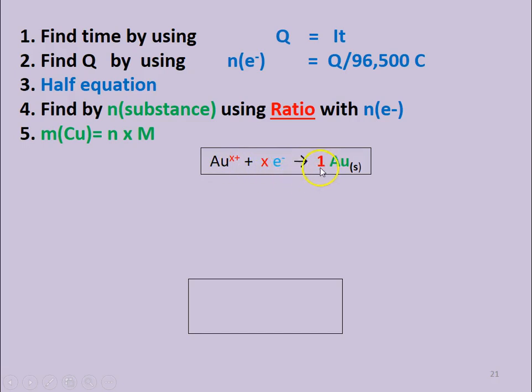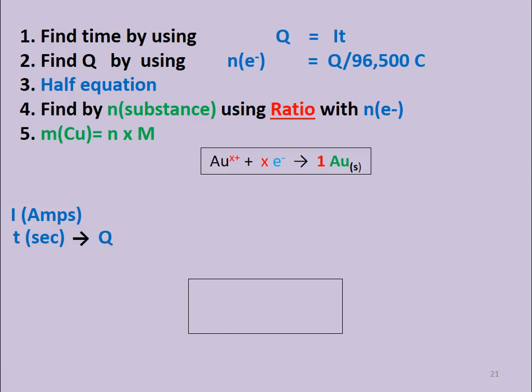Normally we use this 1 to 3 ratio once we've got the number of moles of the electrons, then we can use the ratio to find the number of moles of what it's forming. But this time we're going to find the number. So we're using the ratio to find that, which means we need to know the number of moles of electrons and the number of moles of gold. So we're working from both ends.